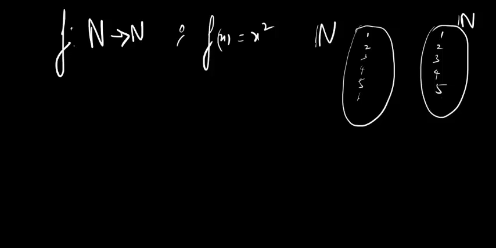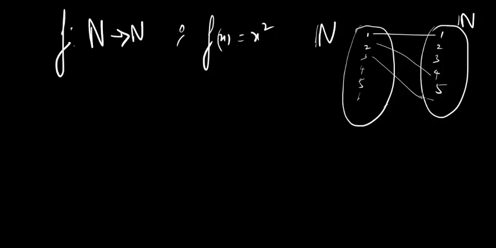So I'm going to take a number from natural numbers and square it and connect it to the square of the number on the other side. So 1 square is 1, 2 square is 4, 3 square is 9, 4 square is 16 and goes on, isn't it?